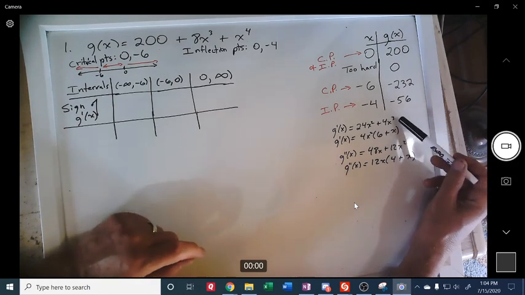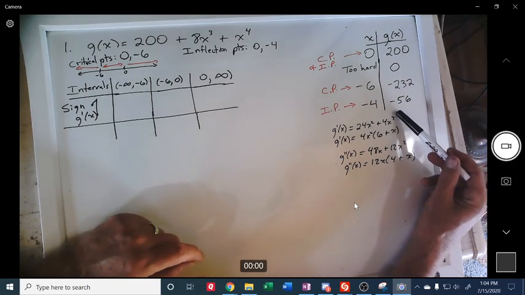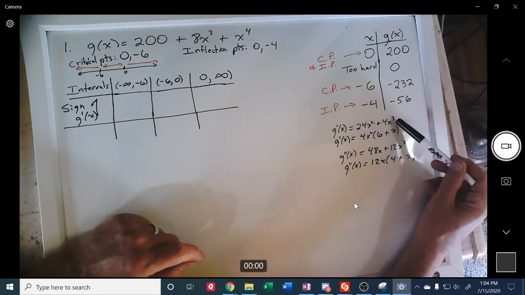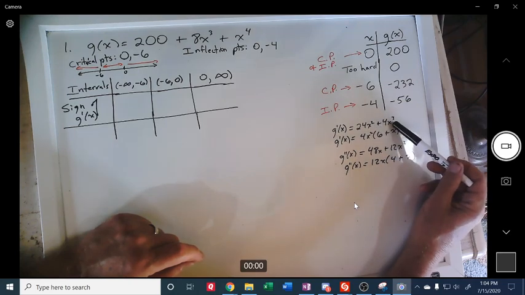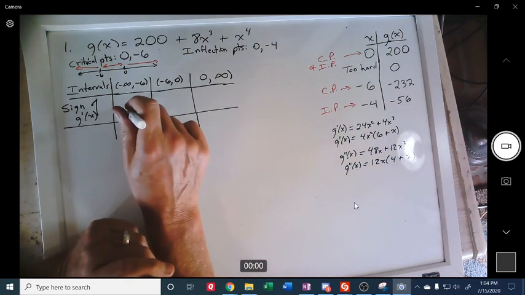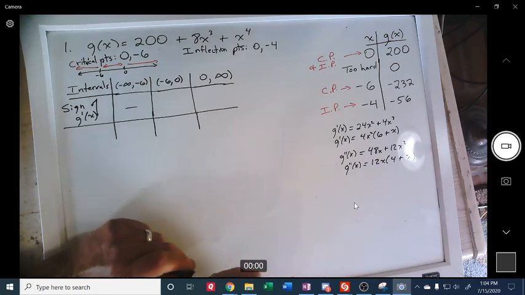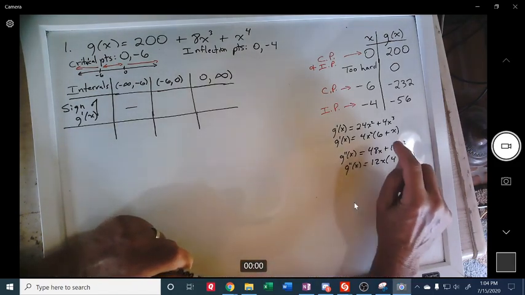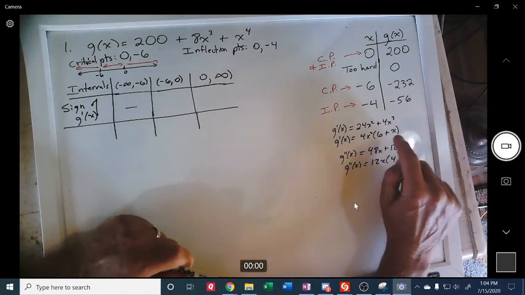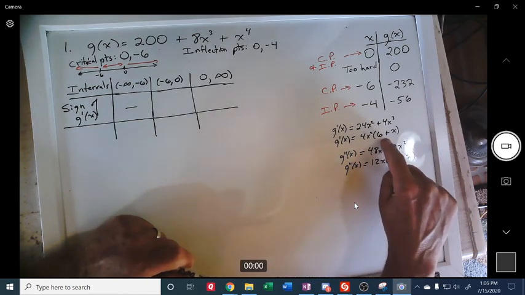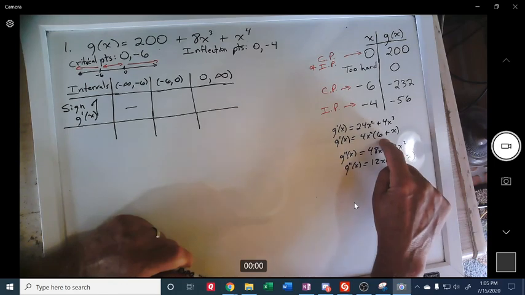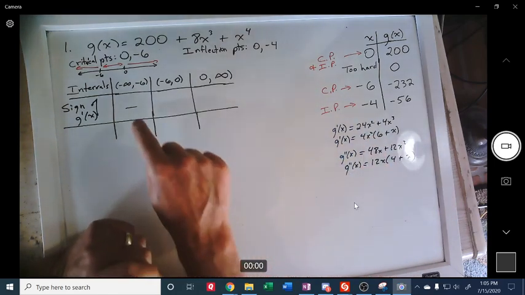If I put in a negative 1,000, I can see this term is going to dominate. We'll have a lot more zeros than this term, and it'll be negative. If I'd placed the negative 1,000 into this one, x squared is always positive, negative 1,000 squared is positive, but that's going to be times a negative, so the total will turn out to be negative.